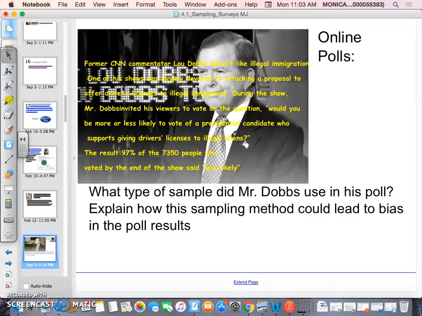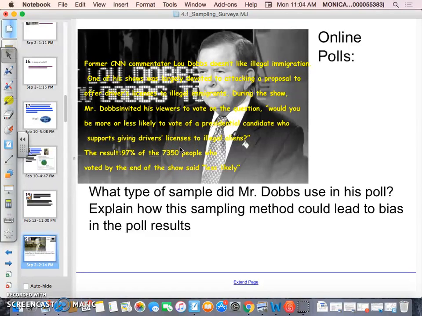Well, what type of sample did Mr. Dobbs use in his poll? And how could this sampling method be biased in the poll results? Well, clearly he used a voluntary sample. And generally, of these 7,350 people, well, first they watched the show.